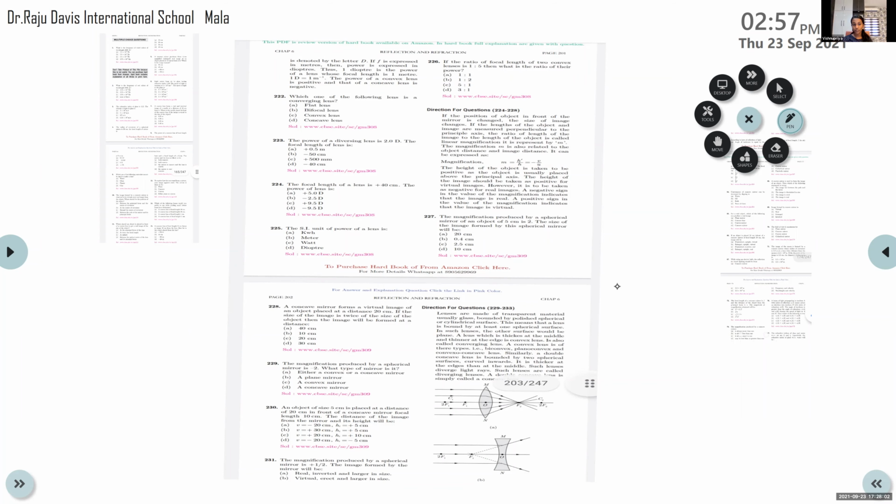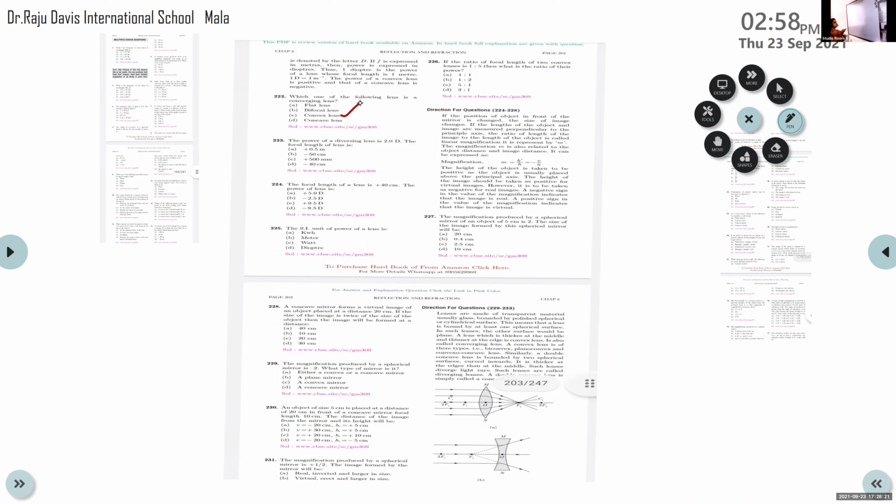Yes, concave mirrors are called converging mirrors, but convex lens are called converging lens. Most of the students make some kind of mistake regarding this area. Converging lens are convex in nature.